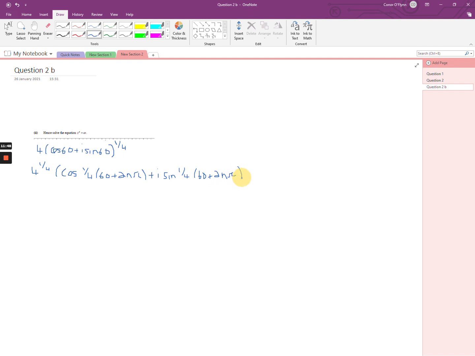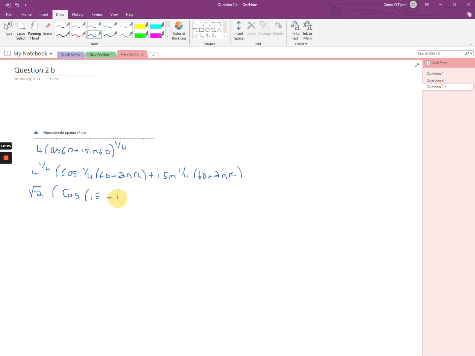Okay, so 4 to the power of a quarter, let me tidy that up, that's actually square root of 2. So it's going to become cos. I have to multiply that quarter into both, so it'd be 60 divided by 4, that'll be 15, plus 2n pi over 4.